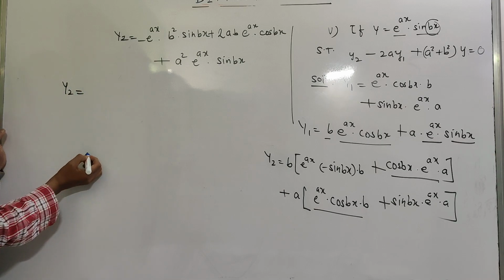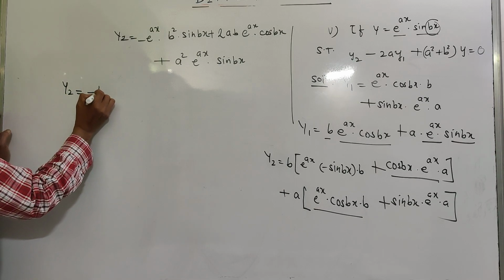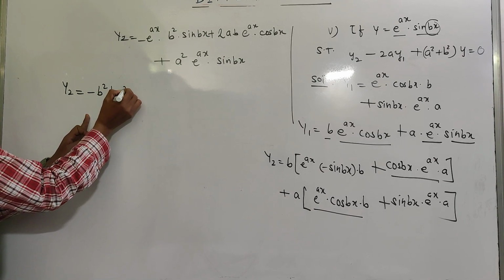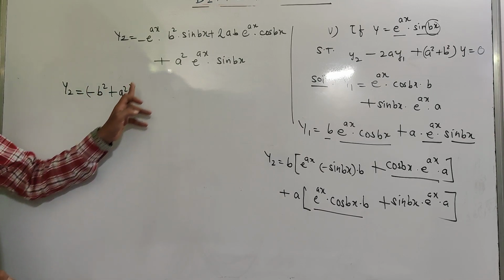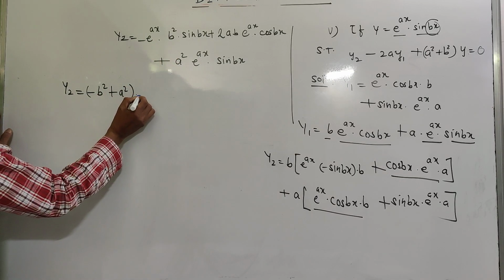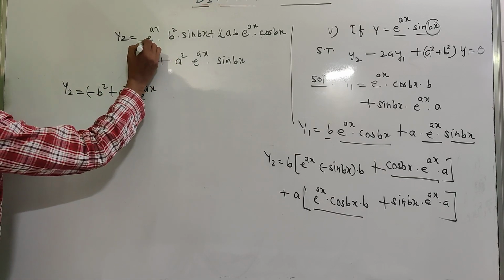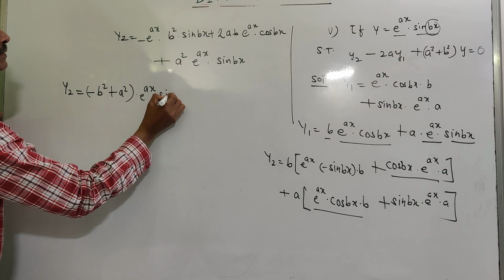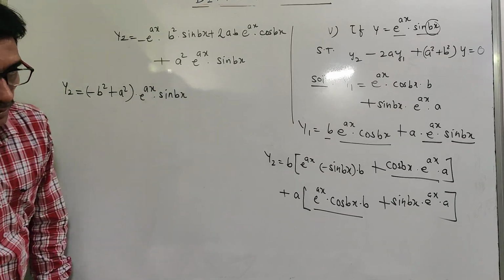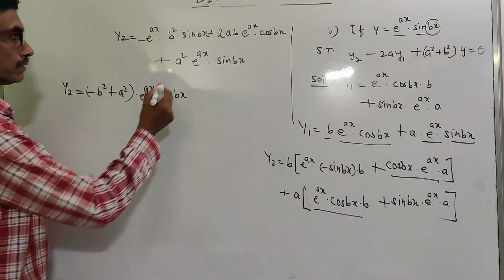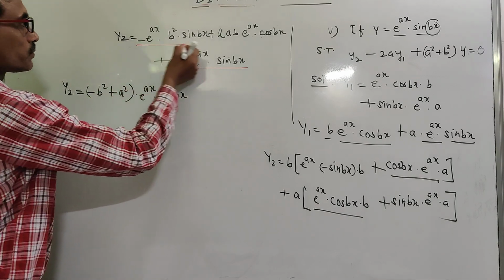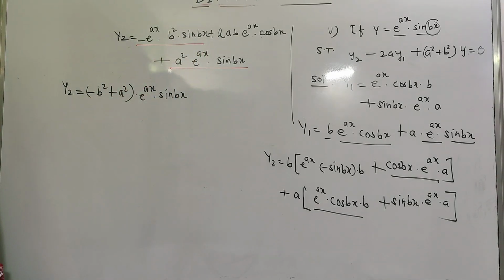y2 is equal to minus b square plus a square, you can write here, a square and minus b square you can write, e raised to power ax sin bx. These two we will write together, a square e raised to power ax sin bx and minus b square e raised to power ax sin bx.